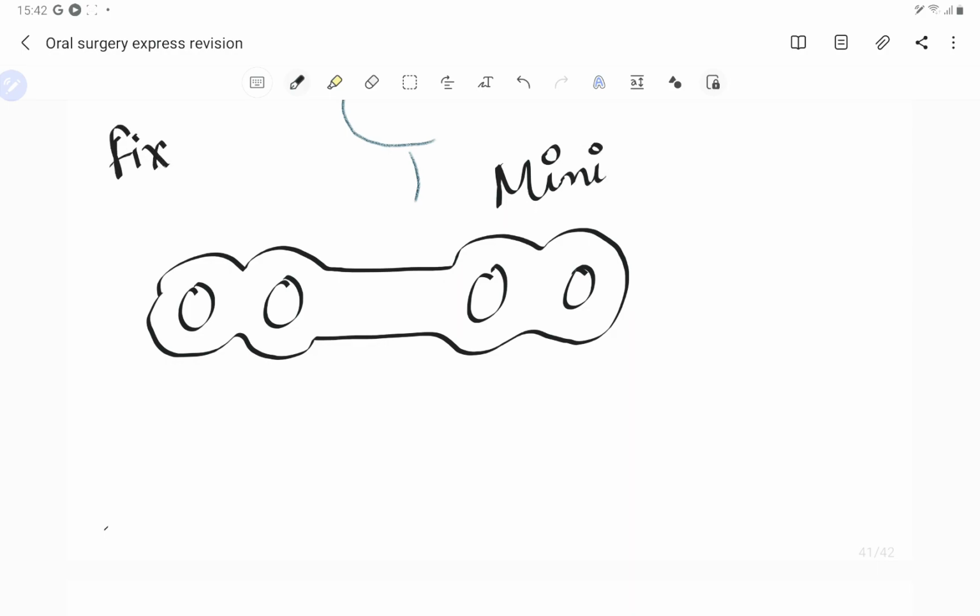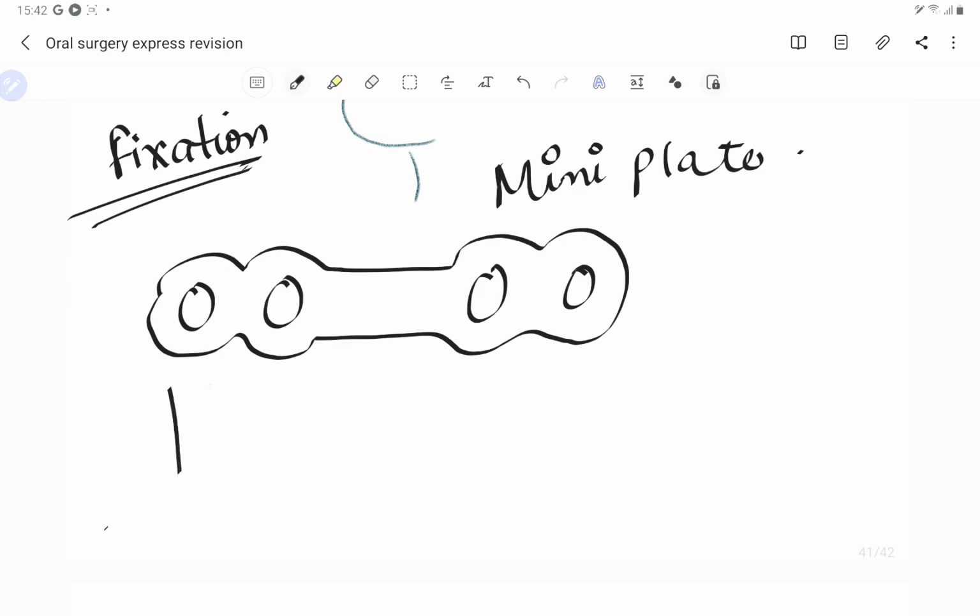Fixation, let's write fixation here. So mini plate 4-hole with gaps, and the screw which we put here is the 6 mm screw. At least 2 holes on either side of the fracture line.